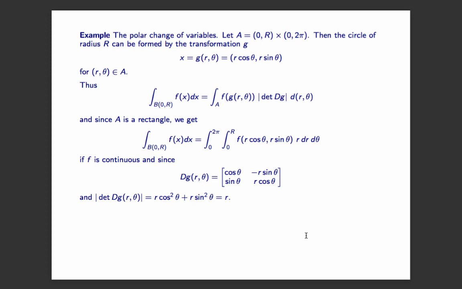And the reason, of course, we get r, this is likely something you've seen before, is because the derivative of g is given by the matrix with entries cosine theta, negative r sine theta, sine theta, r cosine theta, and the determinant of this matrix is r times cosine squared plus r times sine squared, which is r, which is why this term became r. And this term is just dr d theta because I'm integrating over a rectangle.